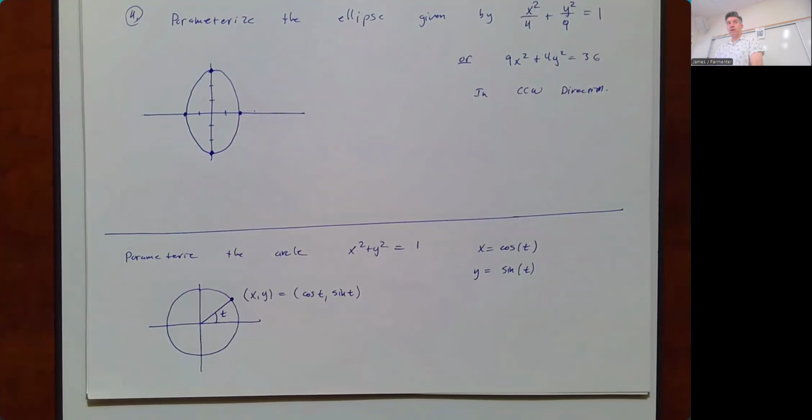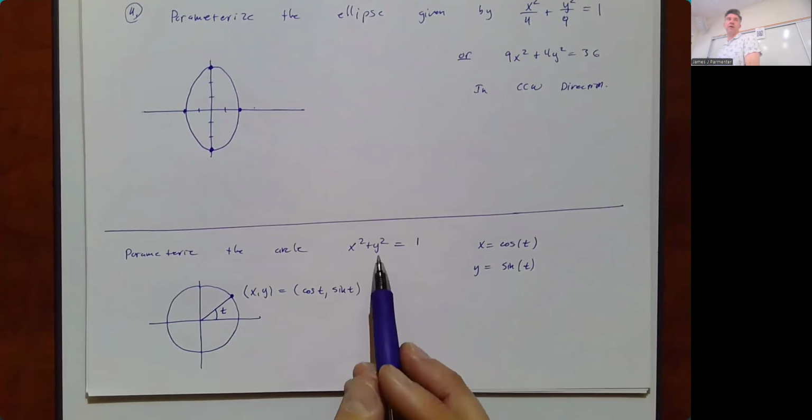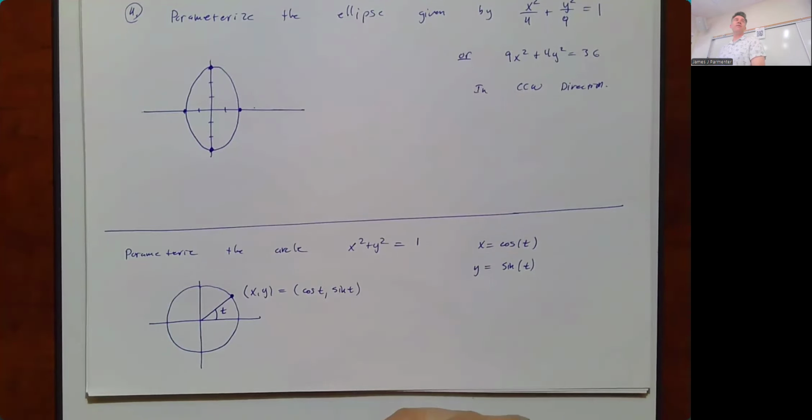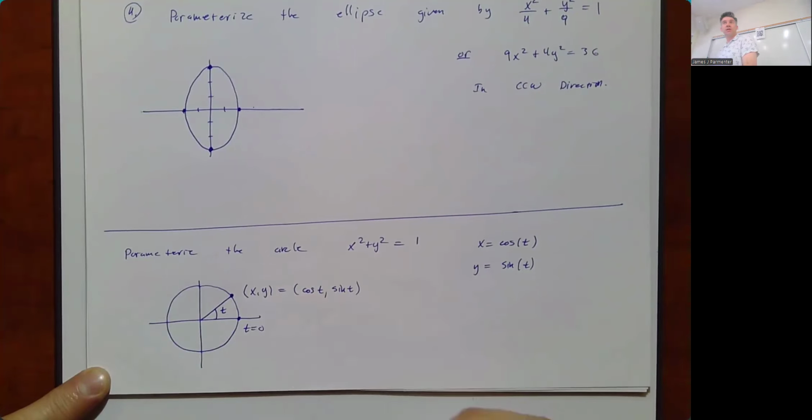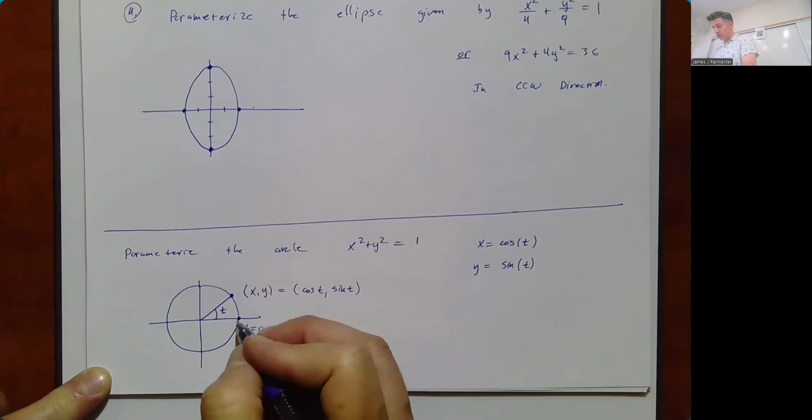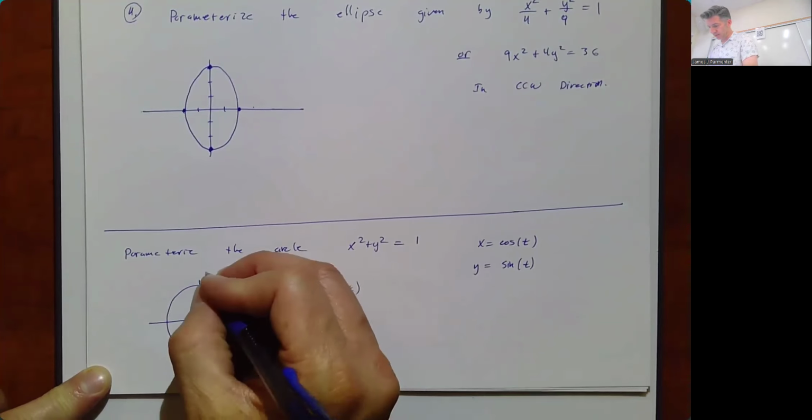And you definitely have the equation cosine squared plus sine squared equal to 1, which is exactly what you get if you sub in cosine and sine for x and y respectively. And this definitely does give it to us counterclockwise, because if you start at t equals 0, you're starting right here. And then as you increase t, as you increase the angle, you go around counterclockwise.